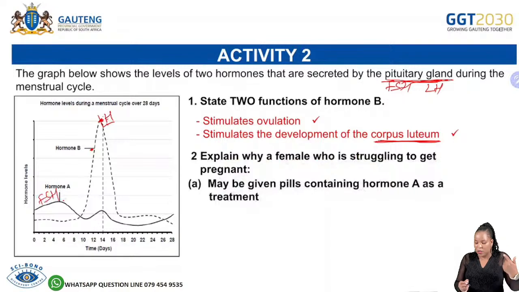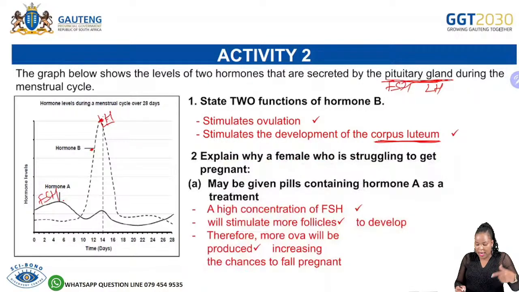The development of the follicles. So you want what in this woman? A high concentration of FSH is going to stimulate more follicles for this woman. More follicles, therefore, more ova. Because if you have more follicles, remember, inside the follicles, what do you have? You have the ova. So if you have more ova, what are the chances of falling pregnant? It increases the chances of falling pregnant. So you give FSH to develop more follicles, more ova, more chances of falling pregnant.